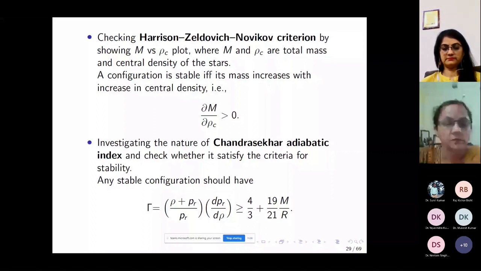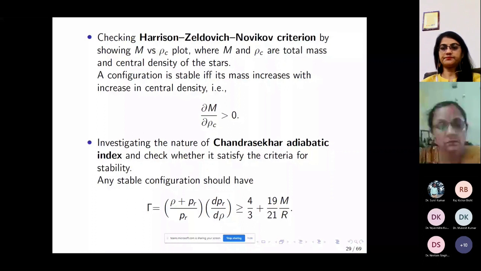Here m is the total mass and rho c is the central density of the star. It means mass must increase with increasing central density. Mathematically, dm over d rho c must be greater than 0.